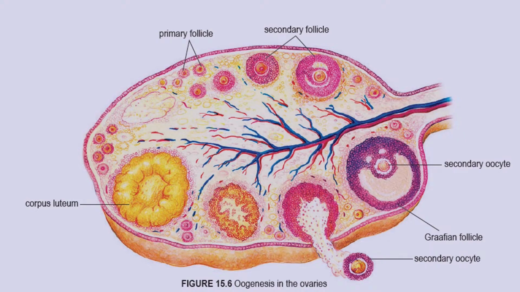The follicular cells develop, and this secondary oocyte will be encapsulated with layers of follicular cells, and now you have secondary follicles. Then this secondary follicle will develop and form the Graafian follicle, and during ovulation, the secondary oocyte is released into the fallopian tube. And the follicular cells left will develop and form the corpus luteum. Okay, so this is oogenesis.